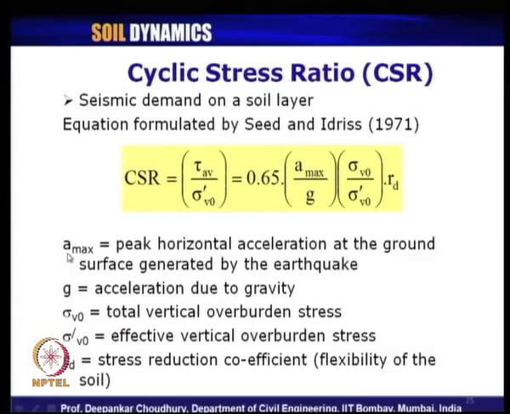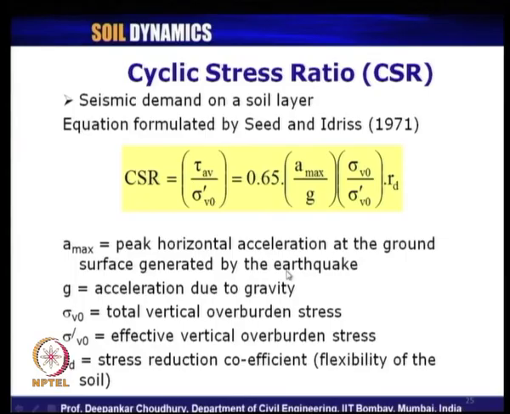Let me explain. A max refers to the peak horizontal acceleration at the ground surface generated by the earthquake. This is the maximum or peak, what we call PGA. In case of horizontal acceleration, it is actually PHA, peak horizontal acceleration. So, it is the maximum value of acceleration at the ground surface generated by a particular earthquake.